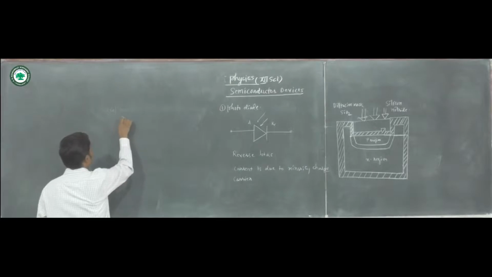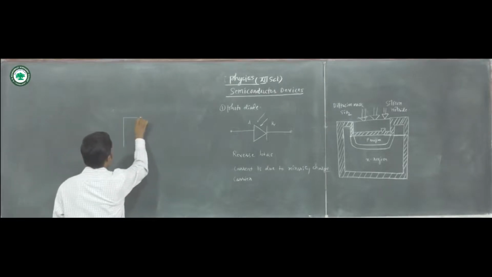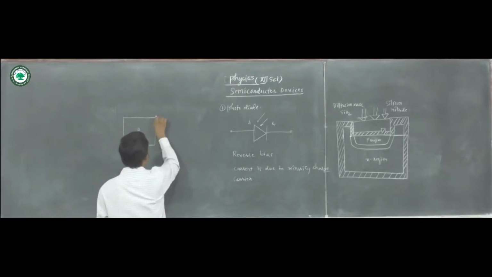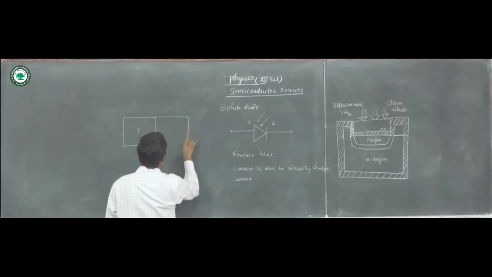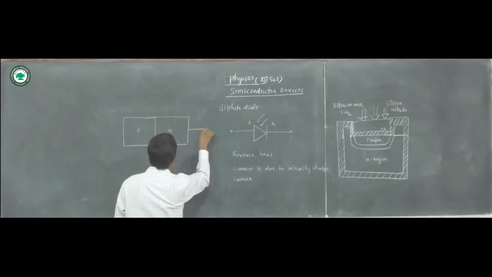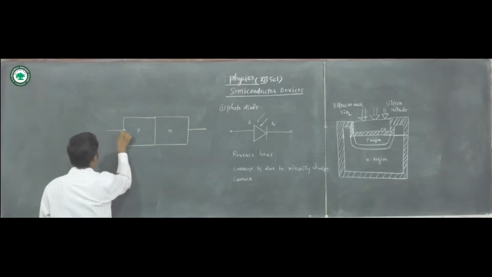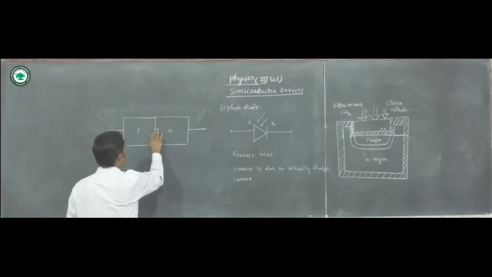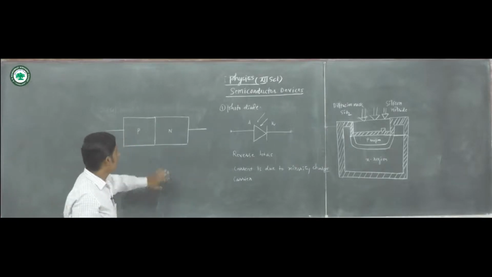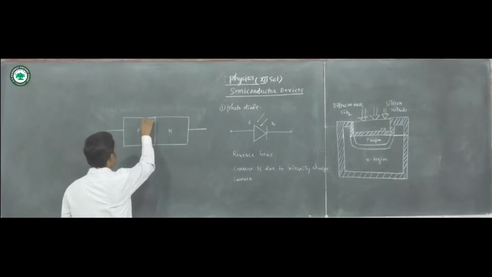We know that the photodiode, here is the P region of the photodiode and this is the N region of the photodiode. When a P-type semiconductor is connected with an N-type semiconductor, a depletion layer forms.